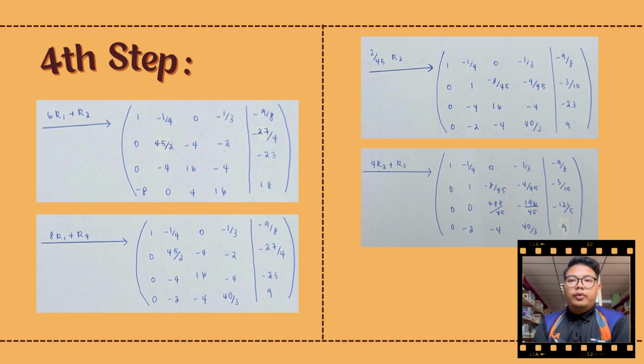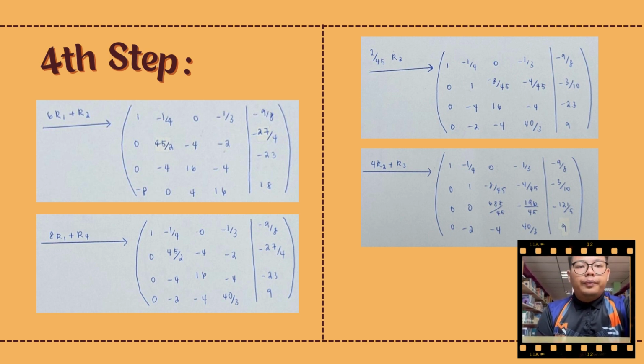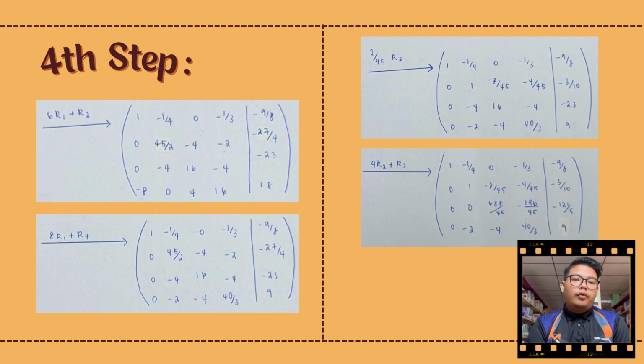The next one, we need to remove the value in row 4. So we do 8R1 plus R4, and it will be 0, negative 2, negative 4, 40 over 3, and 9.